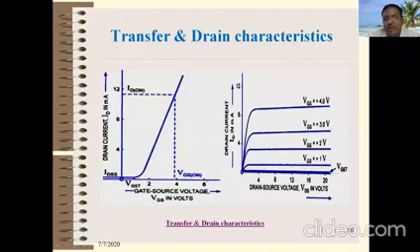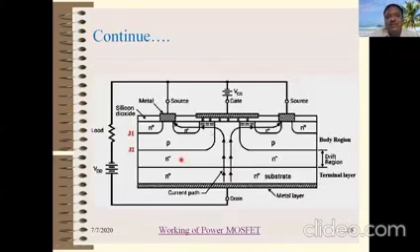If you increase the value to VGS equal to plus 1 volt, what happens in this figure? A positive charge will develop on the metal plate, which will attract the free electrons, which are the minority charge carriers present in this P region, and the P region gets attracted towards the metal plate and forms an inversion layer.